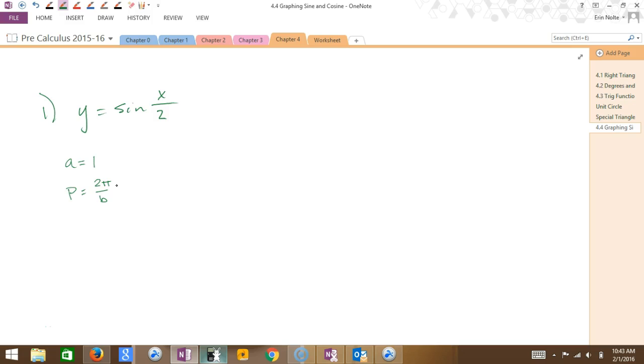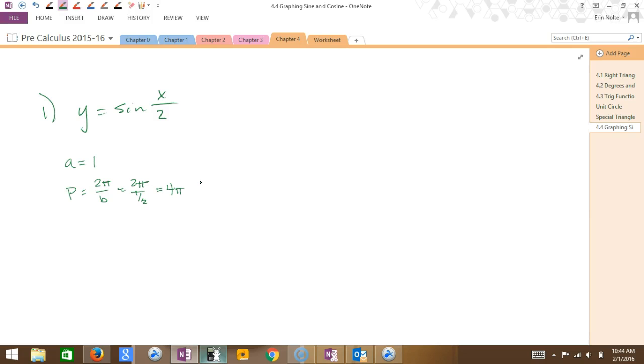Because if you divide by 2, that is the same as multiplying by 1/2. So if I have 2 pi divided by 1/2, what's that the same as? Multiplying by 2. So what's 2 pi times 2? 4 pi. So that means we're going to stretch this out. It's going to pull out.